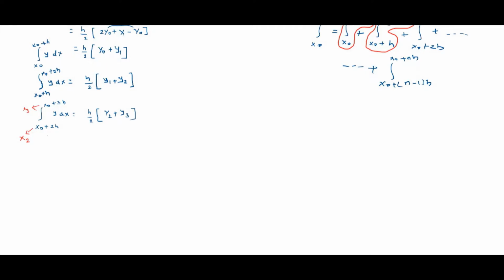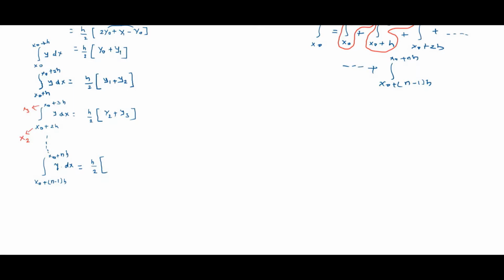Continuing in the same way, at last you will get the integration from x0 plus n minus 1 into h to x0 plus nh of y dx, and this is equal to h divided by 2 into bracket.